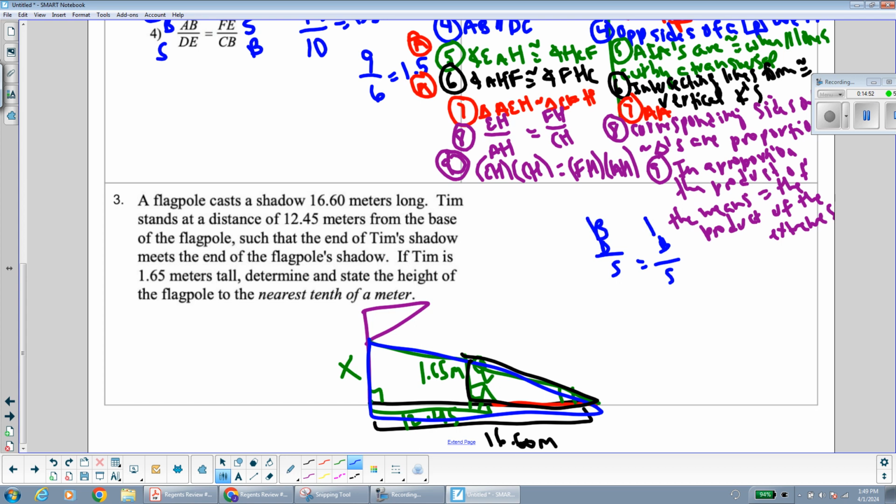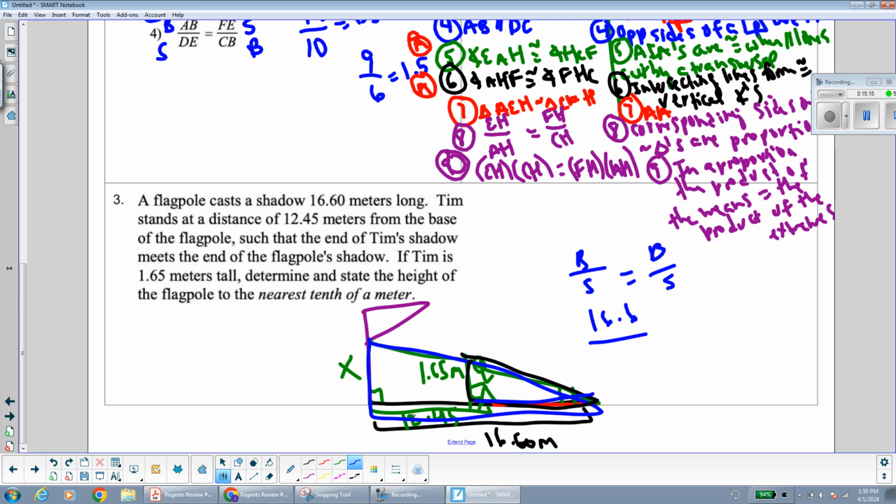Those don't even look like these. Let me rewrite that. Okay. So I'm going to use the 16.60 from the big triangle. And that's over here. So the corresponding side to it from the small triangle would be here.